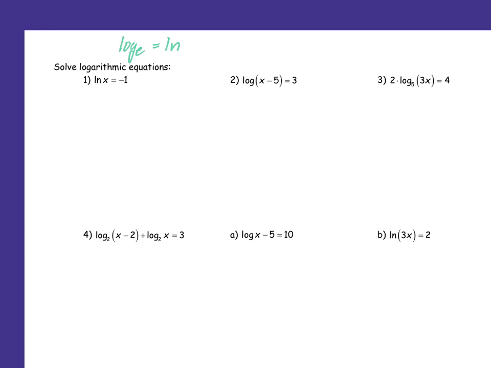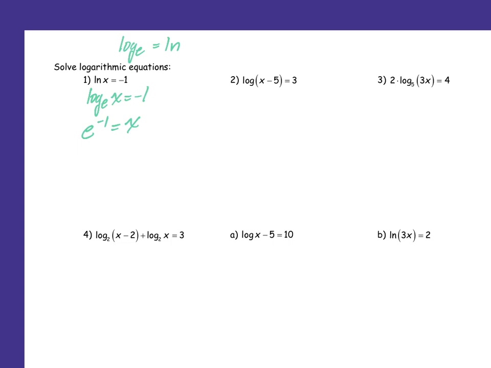It's easier for me if I see a natural log to switch it back to the log base e, especially if I'm going to switch to an exponent. So I'm going to write this as log base e of x equals -1. Now I can't solve it as a log, don't know what it is, so I'm going to switch it to an exponent. So I get e to the -1 equals x.